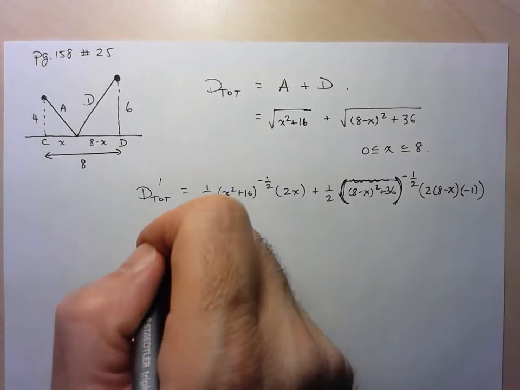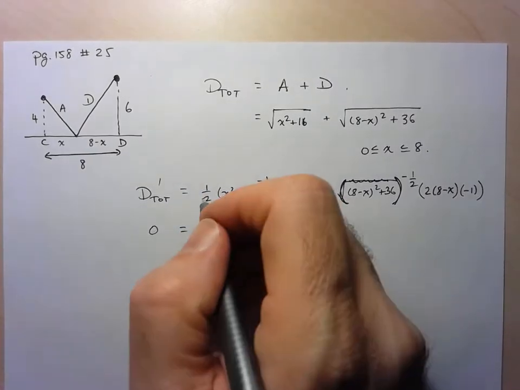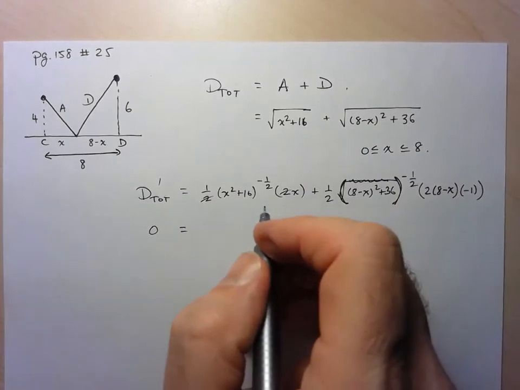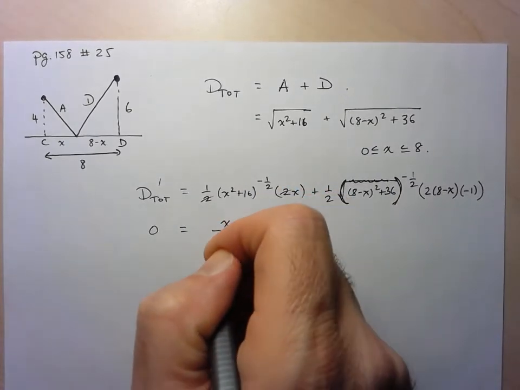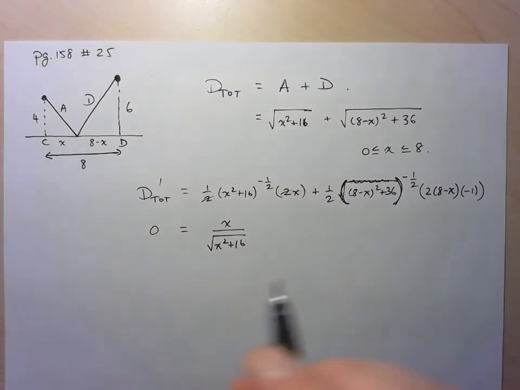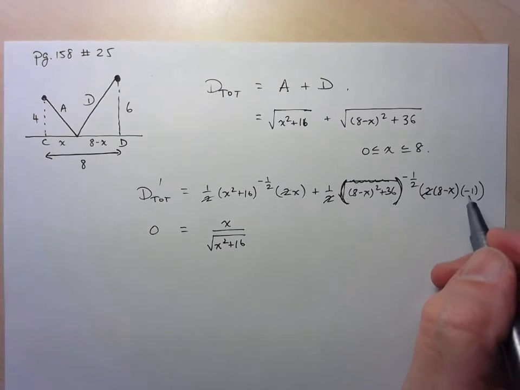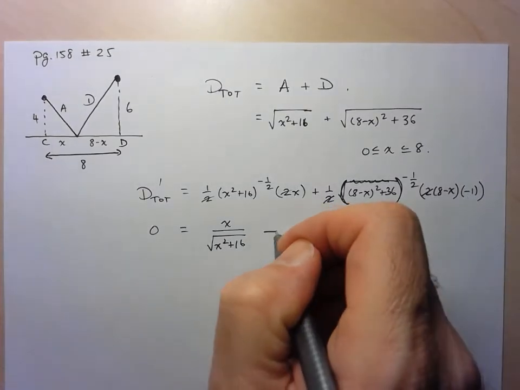Okay, so I know I'm looking for where my derivative is 0. So let's do some simplifying here. So 2's cancel out, so I'm just left with x over the square root of x squared plus 16, the denominator. And here, again, 2's cancel out. I've got this factor of negative 1 at the end, so this will end up becoming a subtraction.